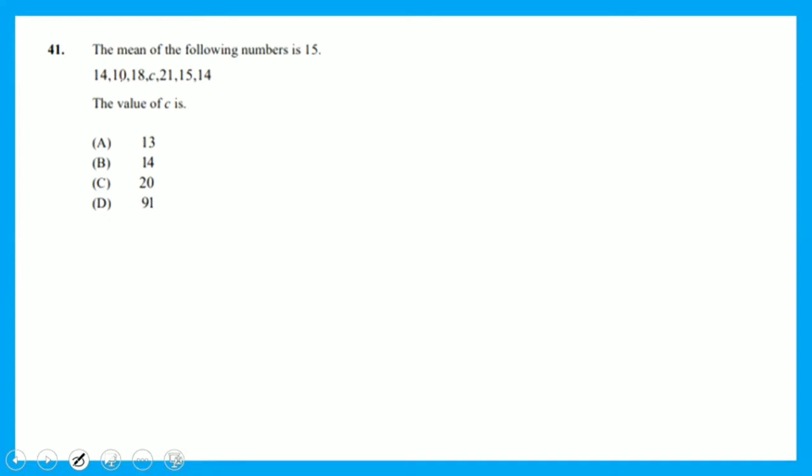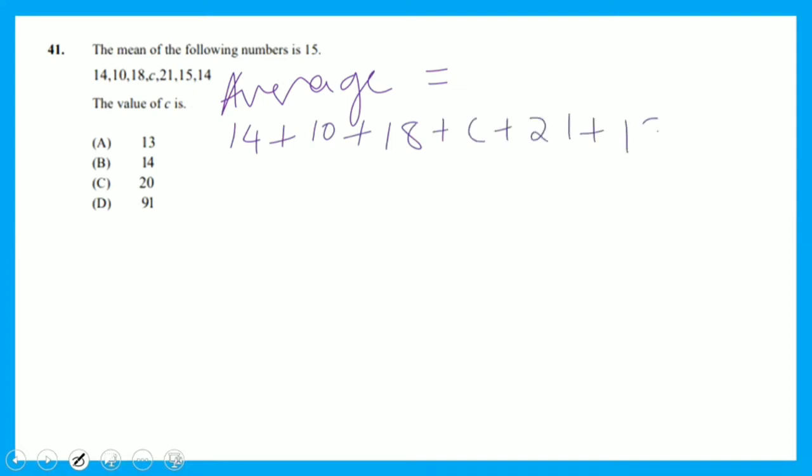We add up the numbers and divide by the number of numbers. How many numbers are represented here? 1, 2, 3, 4, 5, 6, 7.